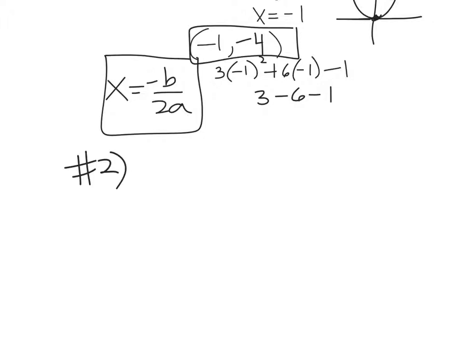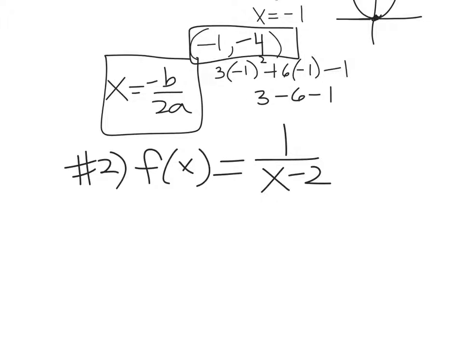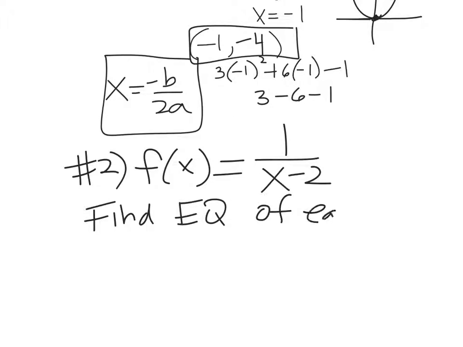Find an equation for each tangent to the curve that has a slope of negative 1/4. All right, one more of these. So we're told that f of x is 1 over x minus 2, and I want to find an equation of each tangent. That sounds like there's more than one.